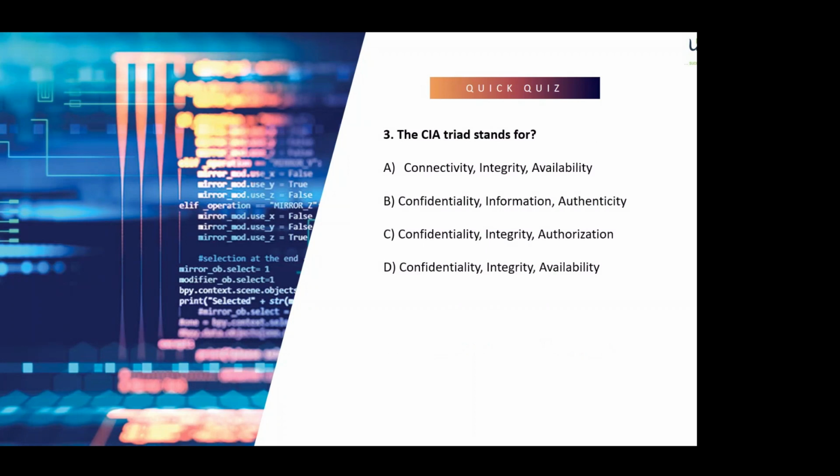This is fantastic. Now, number 3, the CIA triad stands for A, connectivity, integrity, availability. B, confidentiality, information, authenticity. C, confidentiality, integrity, and authorization.